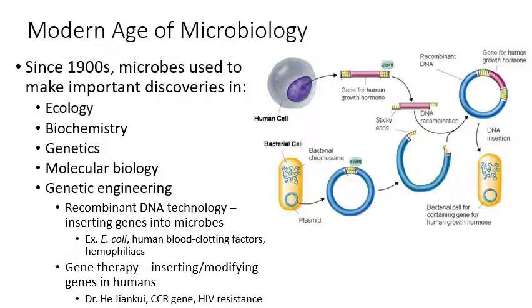He took a specific gene, the CCR gene, and it's known that people who have HIV don't have this gene. This gene confers resistance to HIV infection.